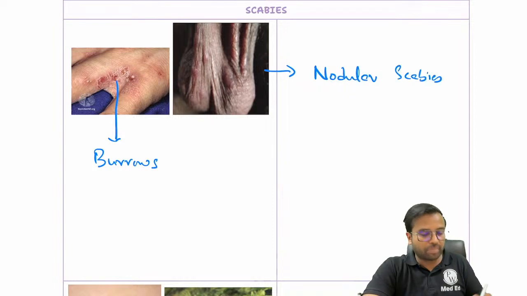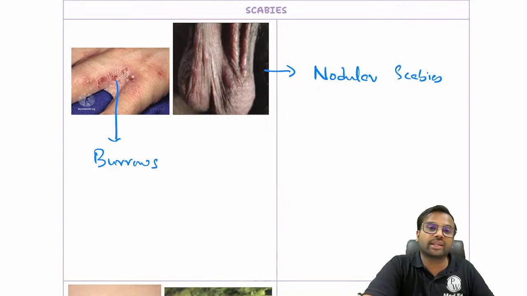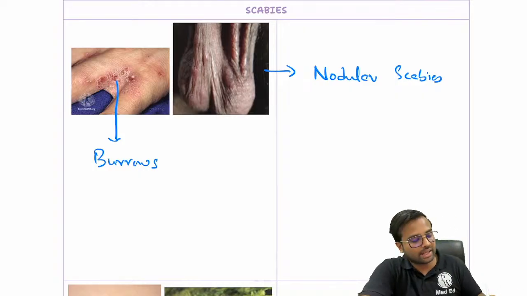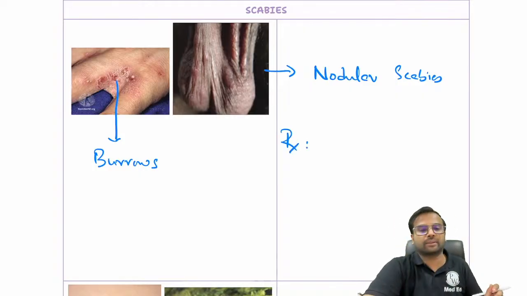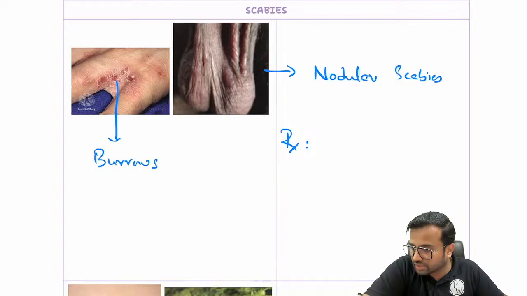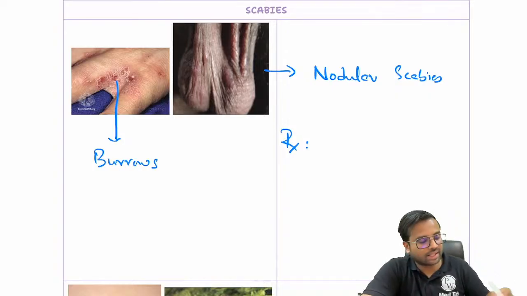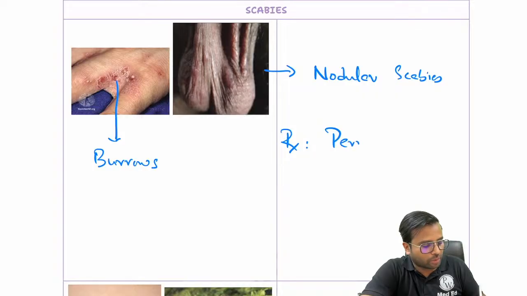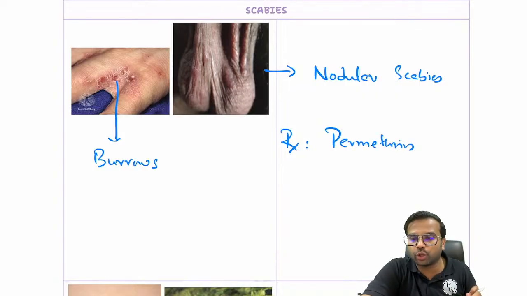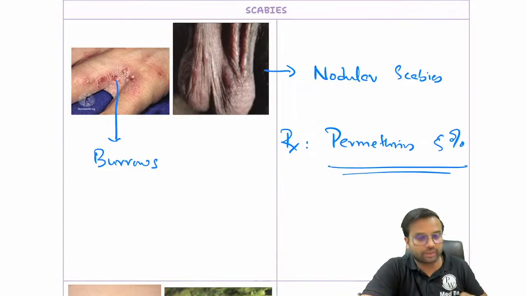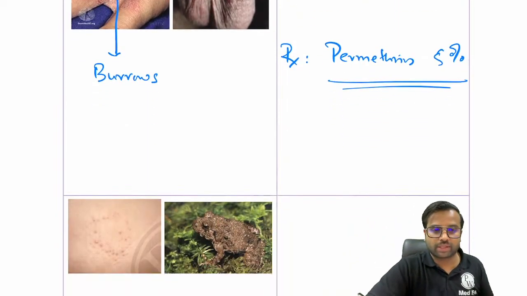So in the last NEET PG exam, they asked you regarding the treatment of scabies. So how can you treat scabies? Anyone? Yes, the drug of choice is going to be permethrin. And how much percentage of permethrin can you use? You can use 5% of permethrin, right? In the cases of scabies.